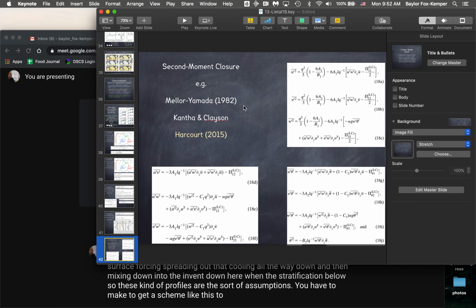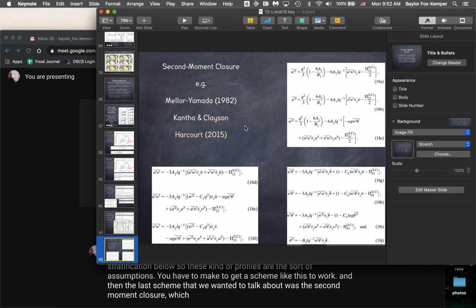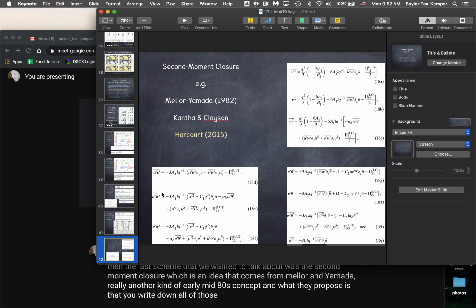And then the last scheme that we wanted to talk about was the second moment closure, which is an idea that comes from Mellor and Yamada, really. Another early to mid-80s concept. And what they propose is that you write down all of those flux equations.